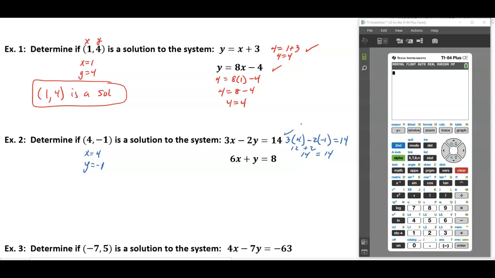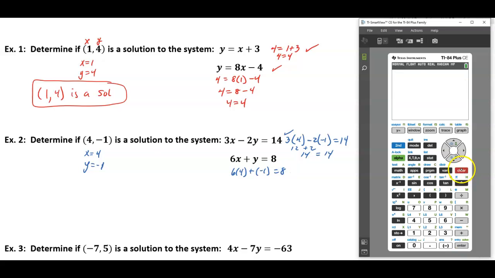Now, if you don't, guys, just plug this in the way you see it on your paper on your calculator. 3 times 4 minus 2 times negative 1. Hit enter. What does the left side give you? 14. So if I want to do the second one this way, 6 times 4 plus y, which is negative 1, equals 8.